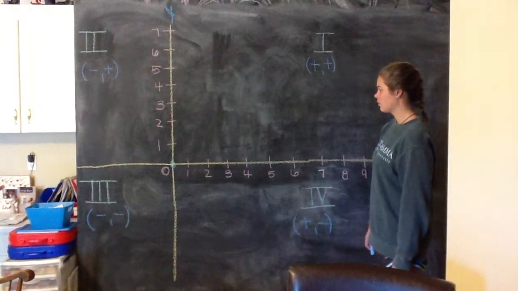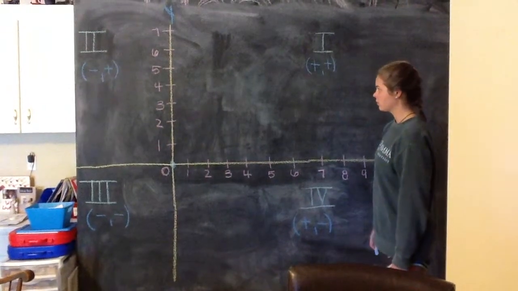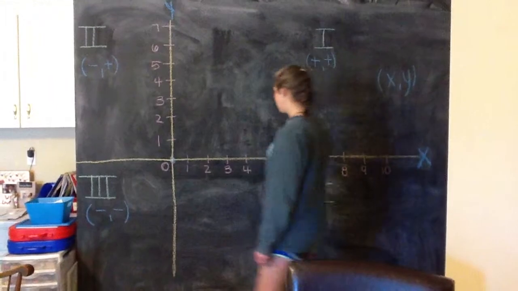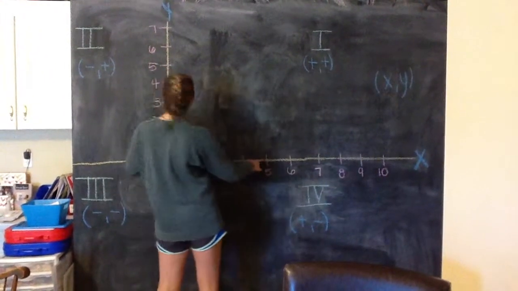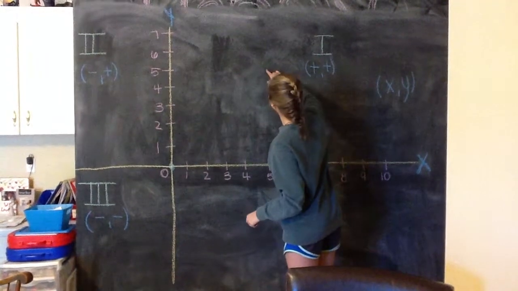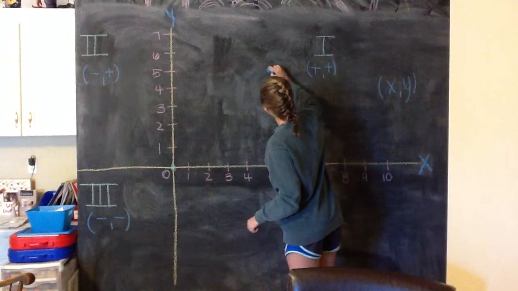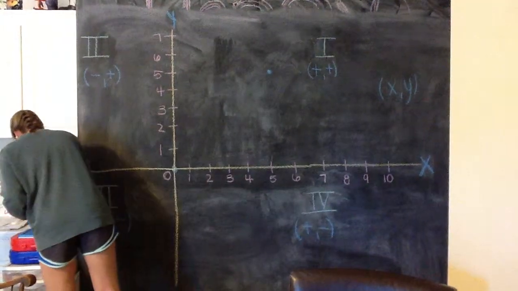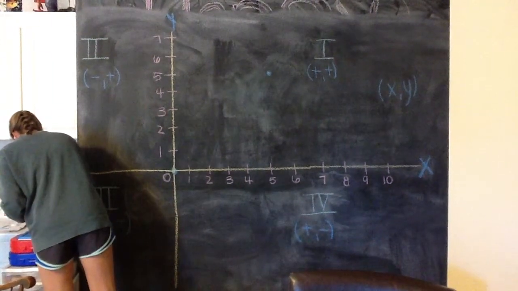So let's plot some coordinates. Peyton, can you help us plot 5, 5? If you'll notice, Peyton follows the x-axis first. You always follow the x-axis first, and you always write the coordinate with the x number first.